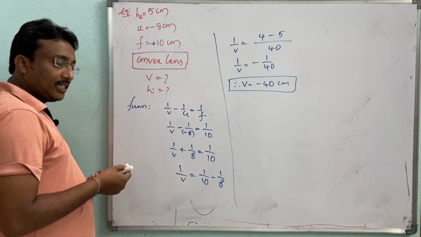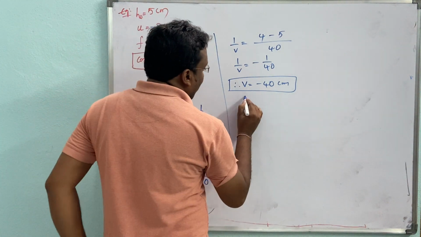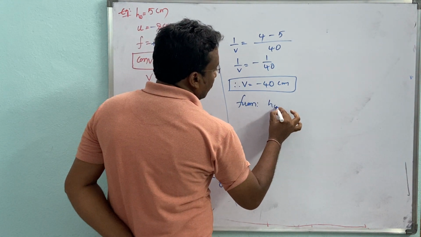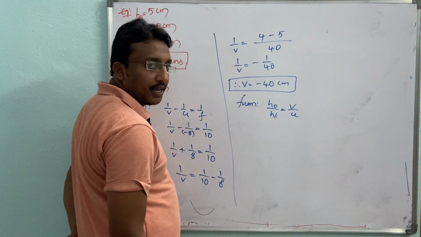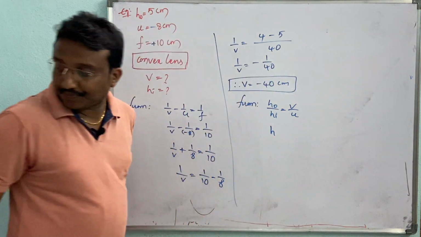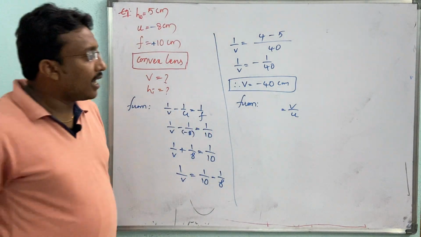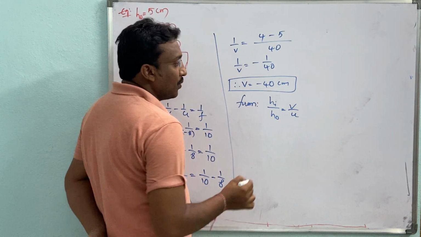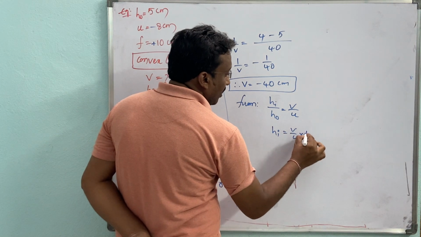Got it? Then next we have one more. We have to find hi. Right. Then which principle do we have to use, sir? From HI by HO equal to V by U. We want to find HI. So HI equal to V by U into HO.